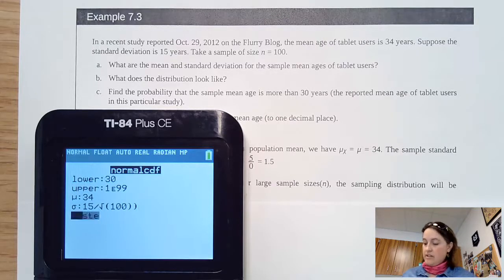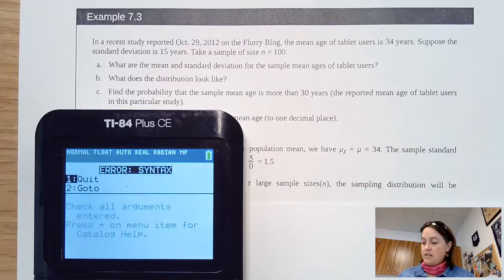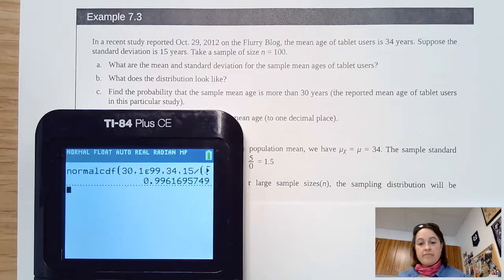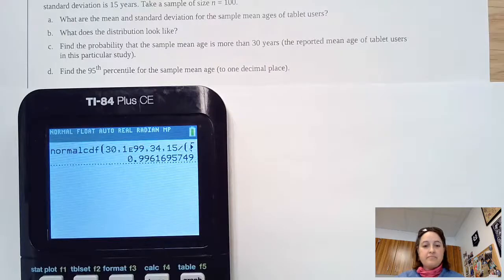All right, so now we paste that in there. Oh, got an issue. I was just missing one of my parentheses, so maybe it's easier to put in the 1.5, but I went back and fixed that, and so now we have the probability is going to be 0.9962.